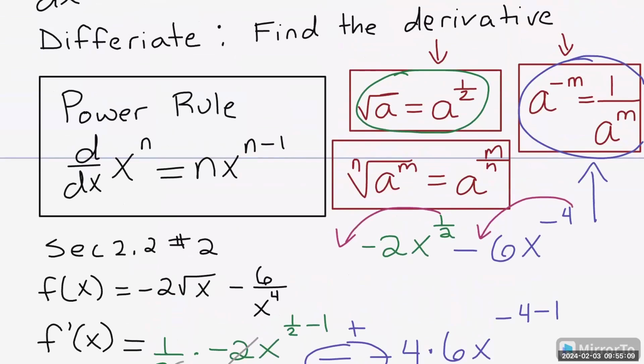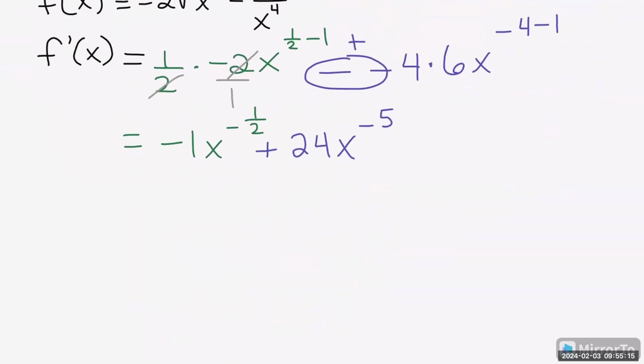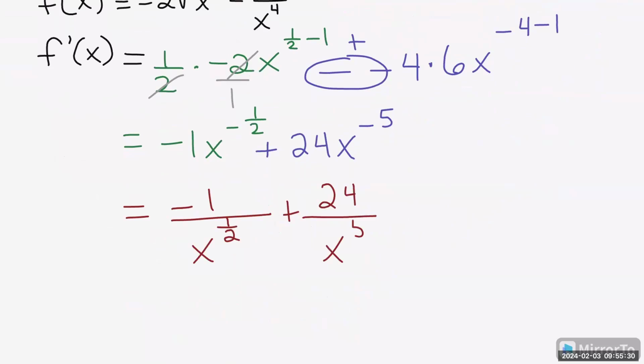If you have a negative exponent, you can rewrite it as positive by sticking it in the denominator. So that's what we're going to do. So we'll say this is -1 over x to the power of +1/2 plus 24 over x to the power of +5. So stick them in the denominator to make them positive.